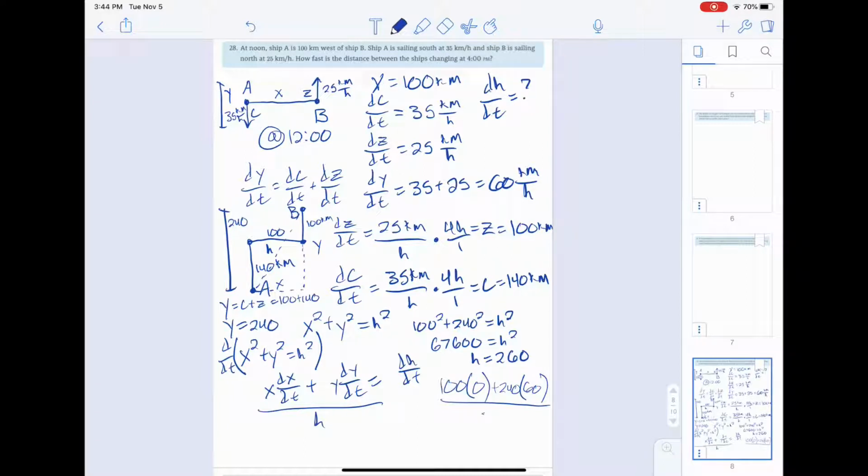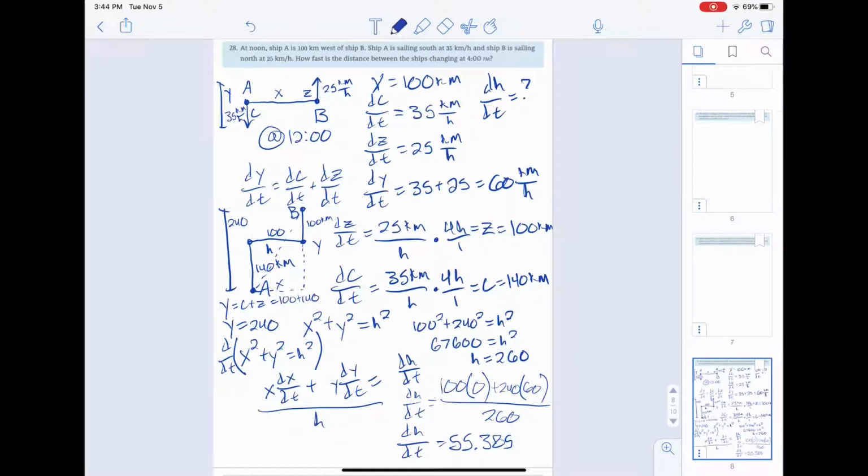And our h is 260. And we have that equal to dh, the derivative of h with respect to t. And then all we do is plug that into the calculator, get our answer of 55.385. So that's going to be our answer.